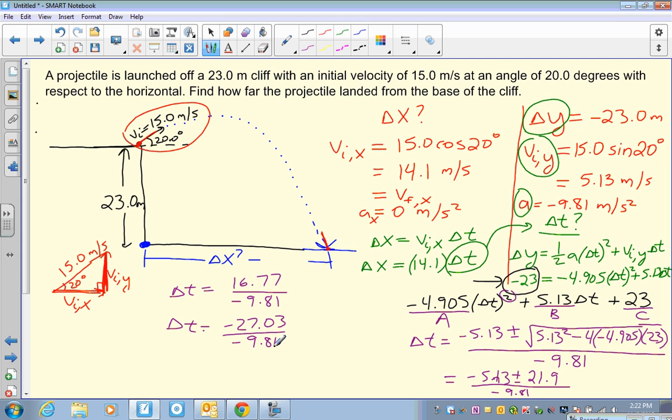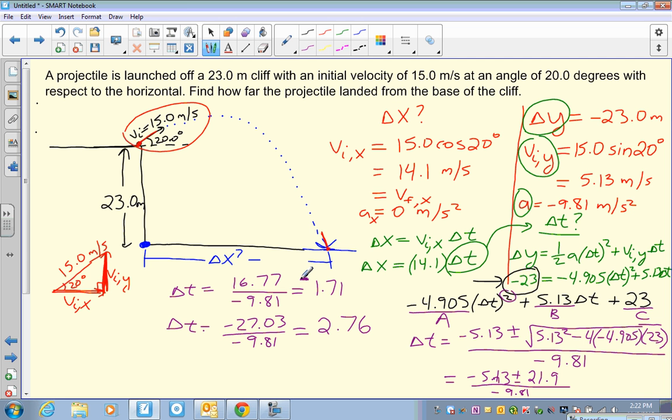And notice how one of them is negative and one of them is positive. Here we get 2.76 if I'm taking care of sig figs. And here, you end up getting 1.71. Sorry, that's negative 1.71. Because positive divided by negative is positive. So now, think about this.